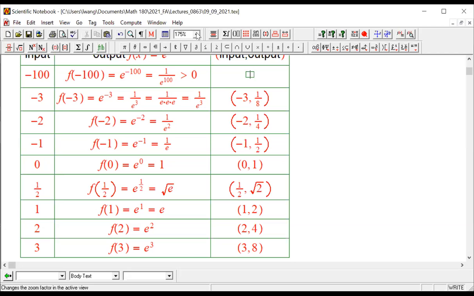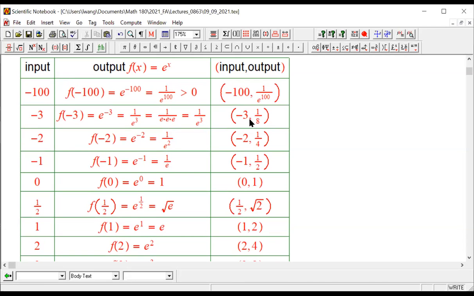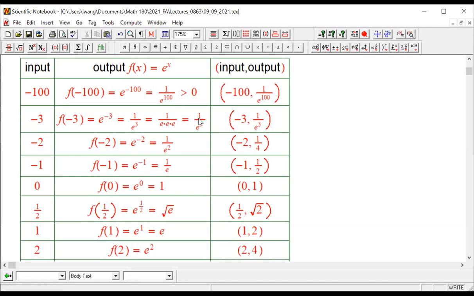Let me make this just a little bit more manageable. This input is going to be -100 and the output 1 over e to the power 100. Over here, the output is 1 over e to the power 3. You can use any one of these numbers, really, they're the same number.